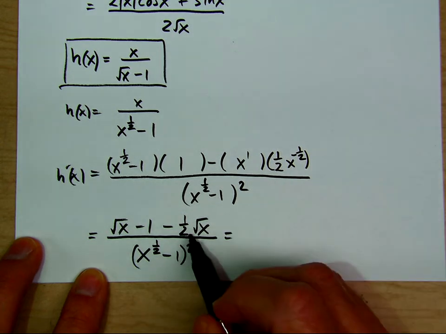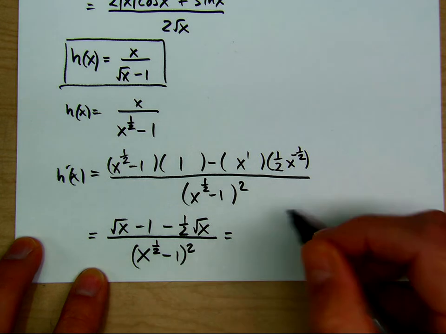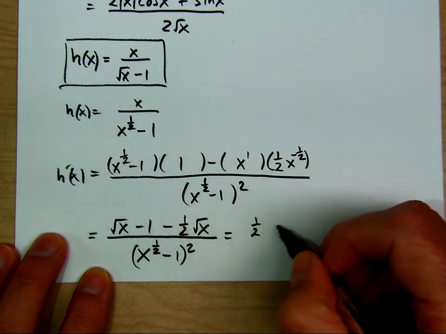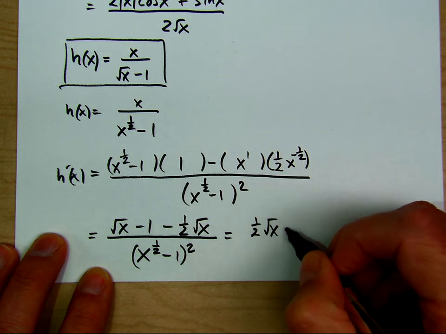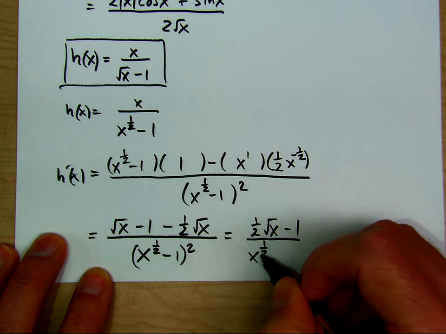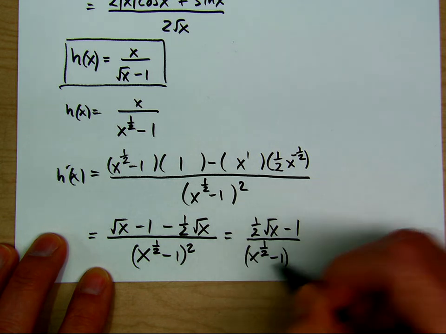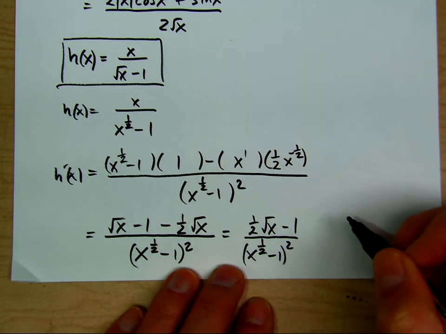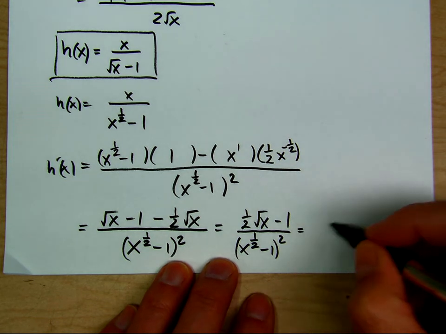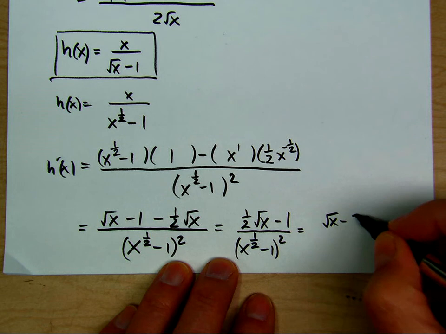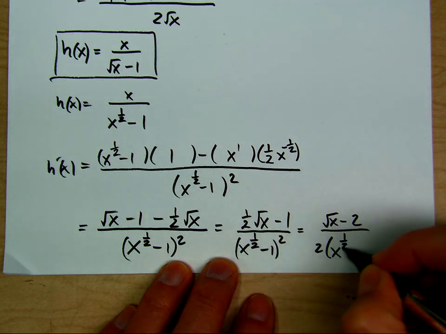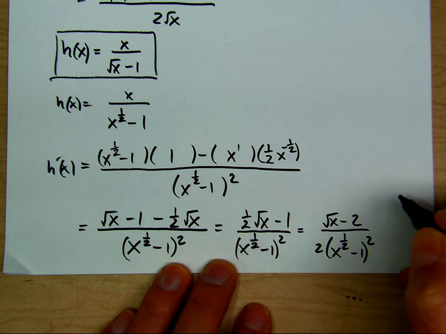And then we can combine these, so that's 1 minus 1/2 is 1/2. And sometimes that would be written as, or we put that 2 in the denominator.